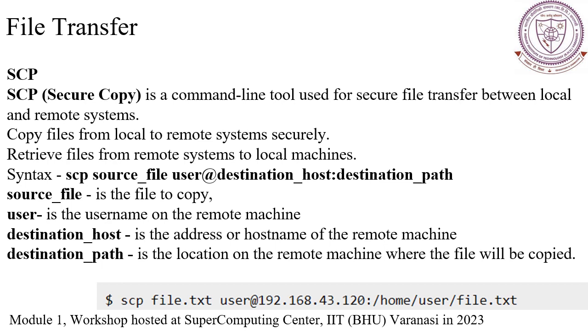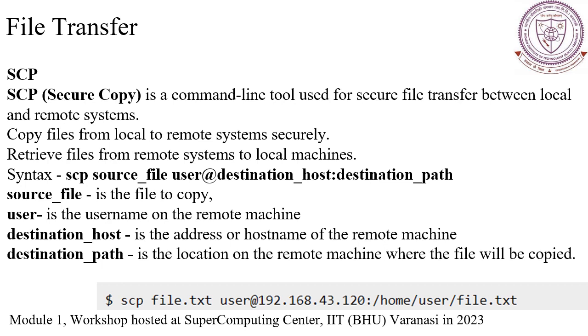It uses SSH to encrypt the data before transferring it over the network, making it a secure way to transfer files. To use the SCP command, you need to know the username and IP address or host name of the remote system. You also need to know the path to the file or directory where you want to transfer.